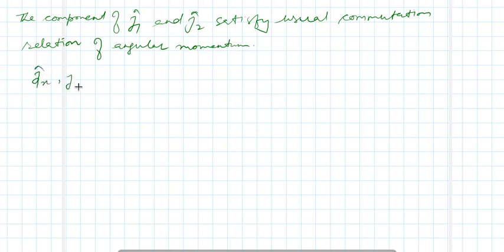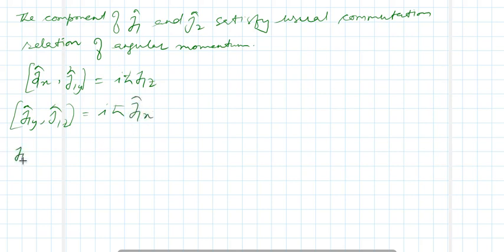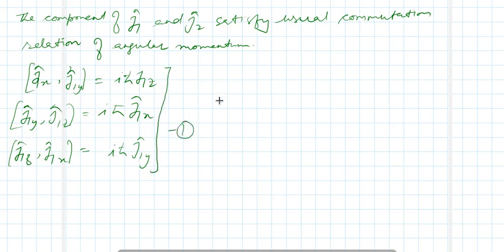J1x, J1y, its commutator must be equal to iota h cross J1z, and similarly J1y, J1z, its commutator is equal to iota h cross J1x, and J1z, J1x, their commutator is equal to iota h cross J1y. Let me call it equation number 1.